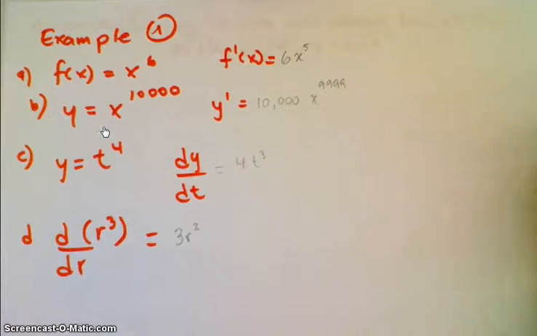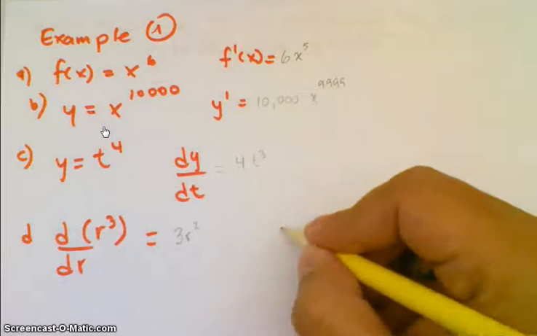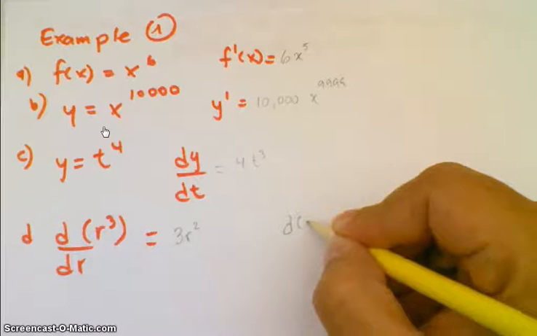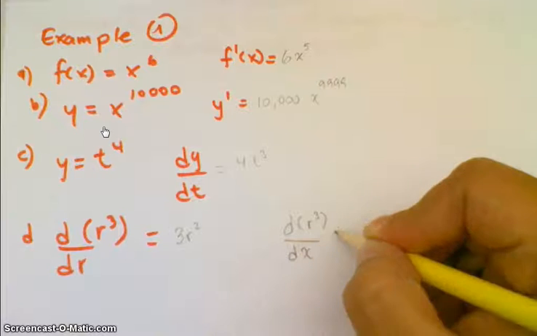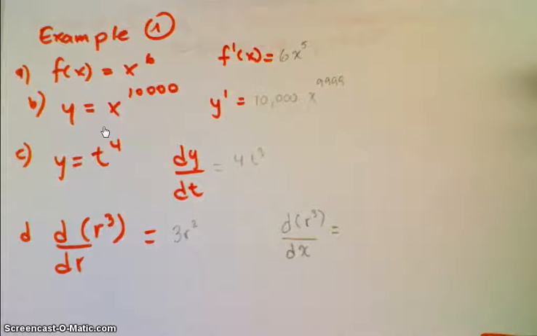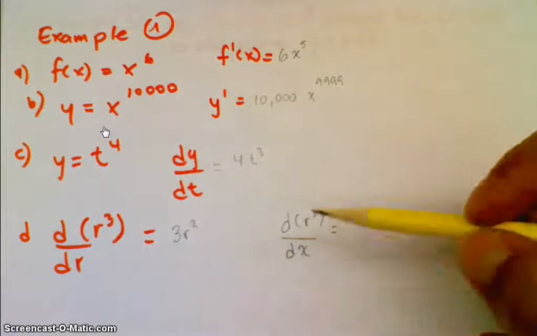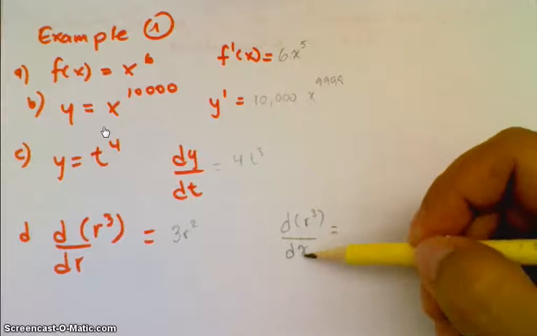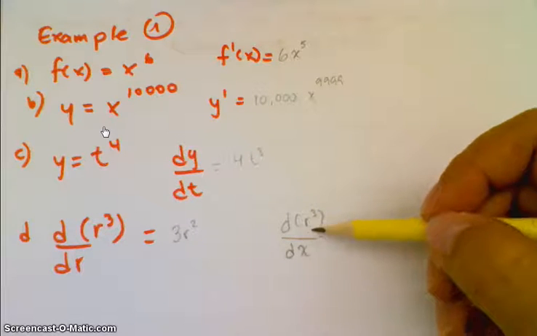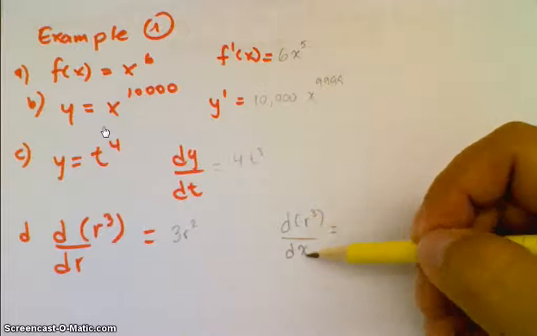Okay, just for fun, and this is something we will see later on, if I'm taking the derivative of r cubed with respect to x, you're gonna think, what is this? And I'm gonna tell you. If the function does not depend on x and I want to take the derivative with respect to x, then everything in here may be considered as constant with respect to x.